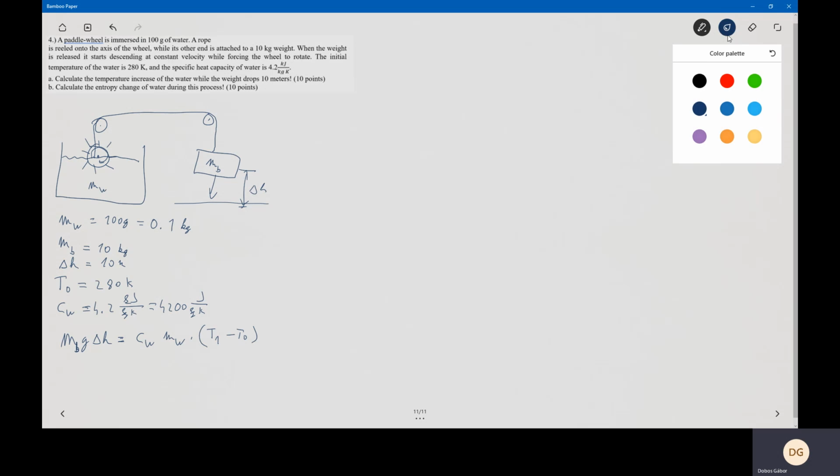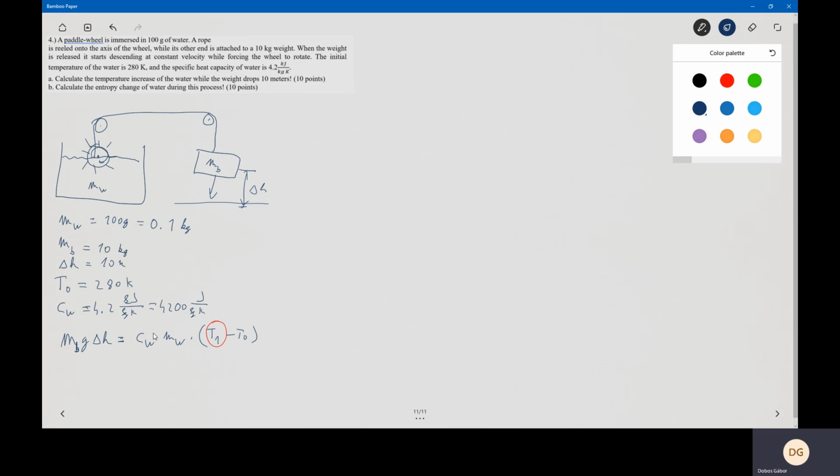And you can see that in this equation I only have one unknown, this T1. Okay, so I bring all terms that contain T1 to one side, everything else to the other side, and then I divide everything by this constant multiplier of T1, and from that I will get the value of T1.